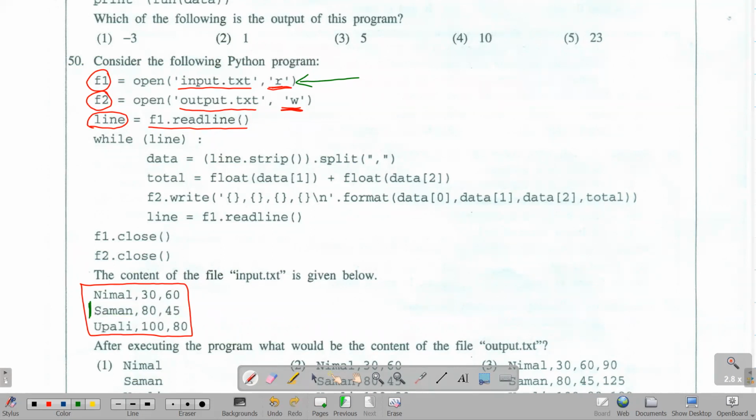Since it is the beginning of the file, the cursor stays here, so according to this readLine, it's going to read this particular line.